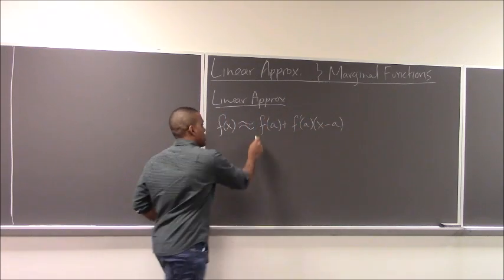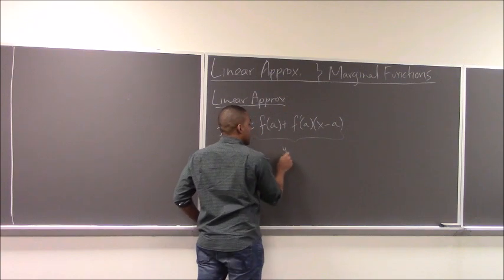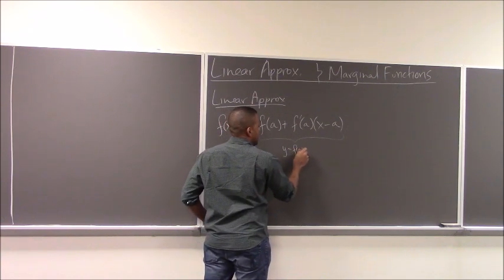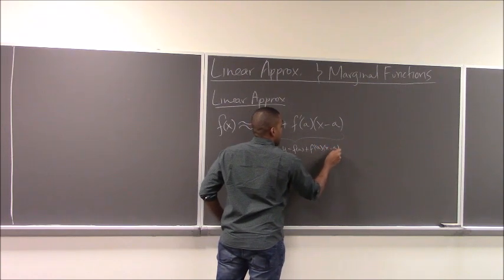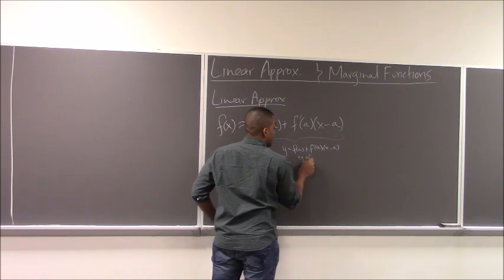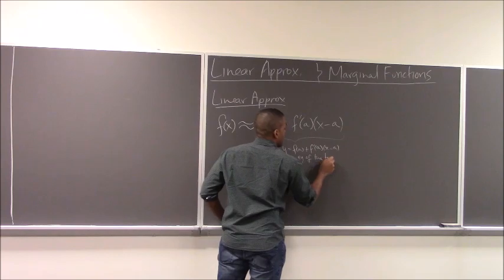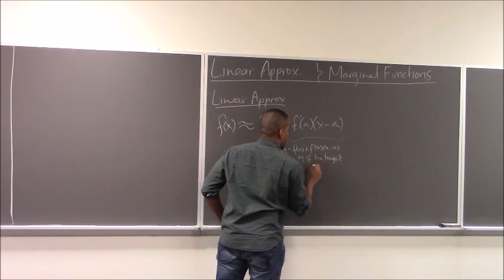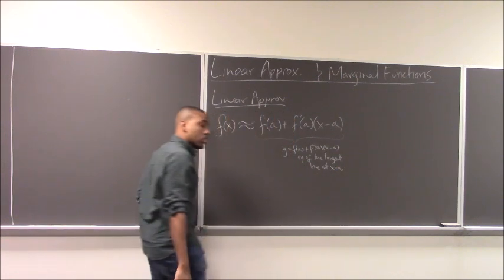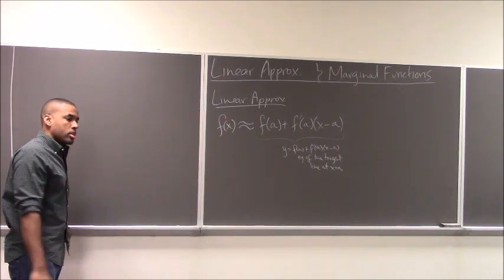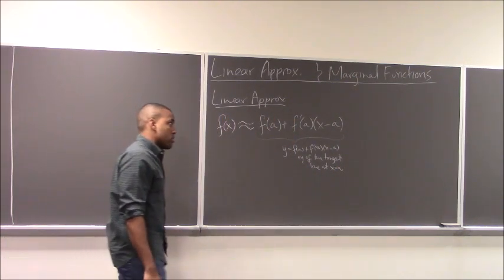One thing you can notice is that this part here, y equals f of a plus f prime of a times x minus a, is actually the equation of the tangent line at x equals a. So we're using the tangent line to approximate the value of a function.